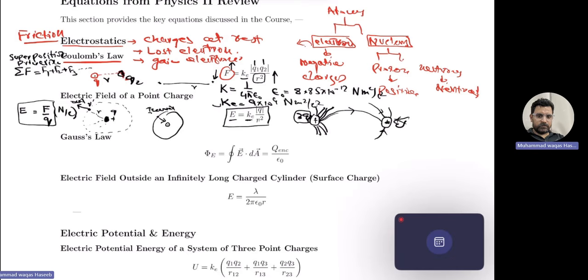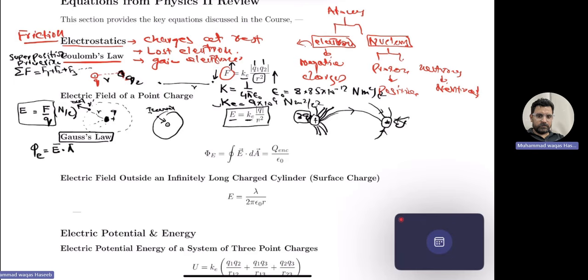Next, we have a concept related to the flux, which is Gauss's law. Gauss's law says that electric flux is nothing but the electric field times the area.